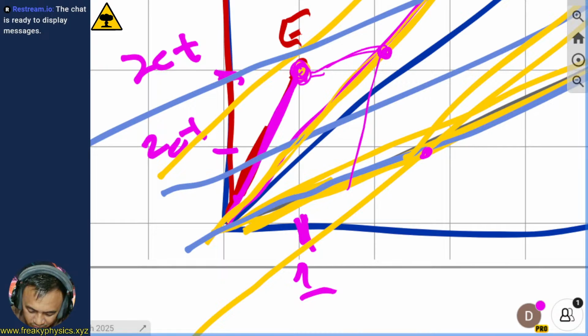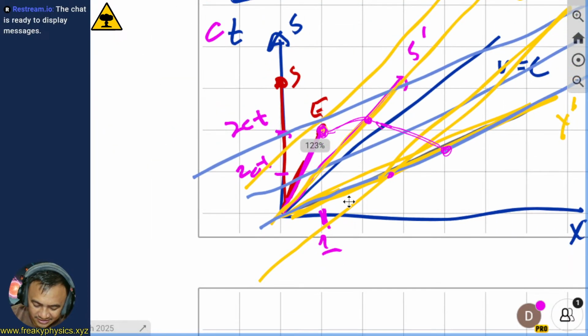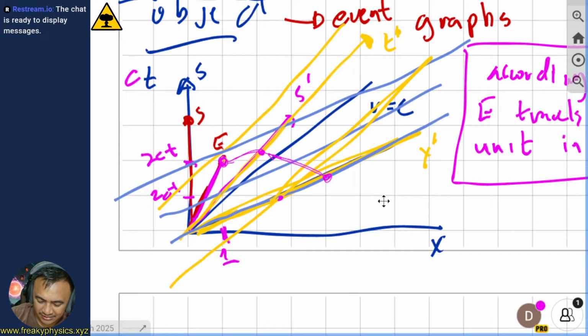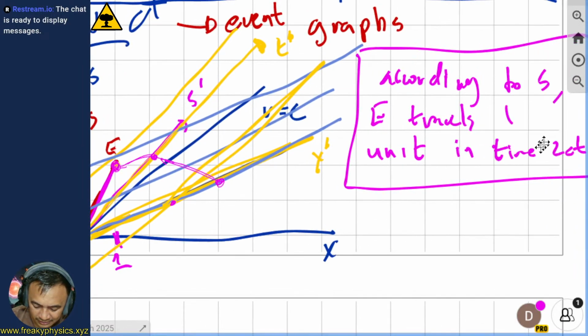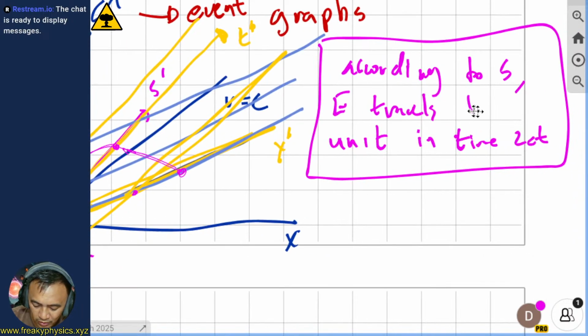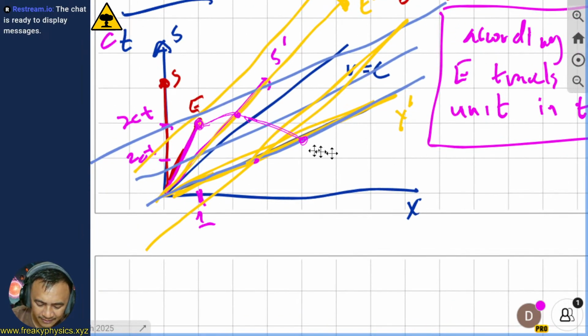Actually no, it should be somewhere here. Okay, so again, just looking at it without any calculation yet, this already tells us that there's something different with E according to S prime. It doesn't happen in 1 unit in the time. It doesn't travel 1 unit in the time to CT. Okay, it travels a bigger length in a shorter amount of time.